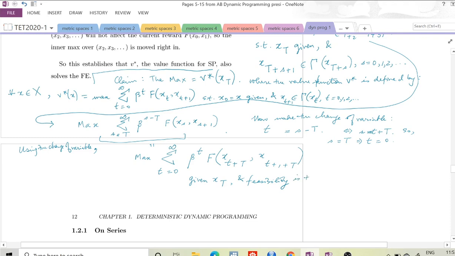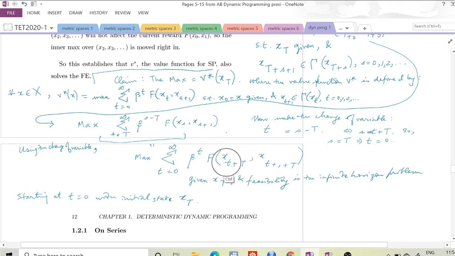So it is the infinite horizon problem starting at t equals 0 with initial state x capital T, right?